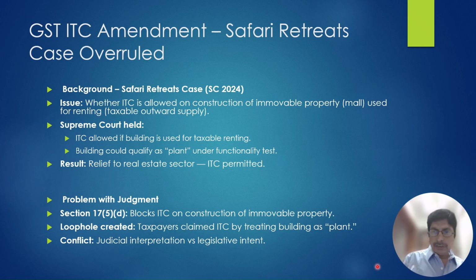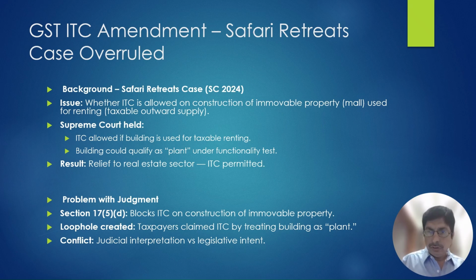And how this is interpreted by the Supreme Court: the word used in section 17(5) is plant or machinery. So when a building is constructed for the purpose of business, then it is covered under the definition of plant. So any input that is required, like steel, cement, bricks, input services like civil engineer, architect services, all that, the ITC credit was available as per the Safari case.